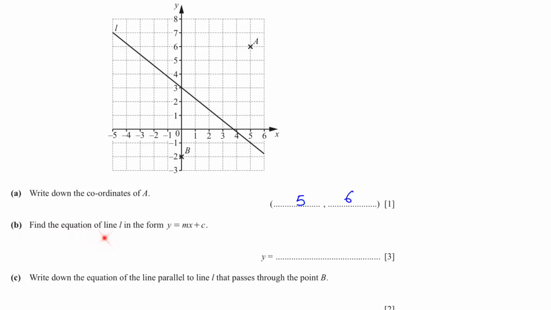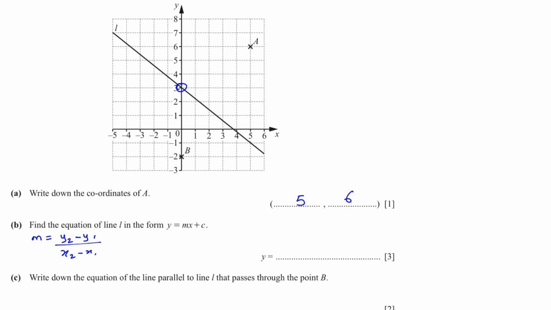B, find the equation of line L in the form y is equal to mx plus c. For this, you need to find your gradient. And to find the gradient, we use the formula y2 minus y1 over x2 minus x1. Find 2 points. Try to choose one with a 0 in it. It's much easier.